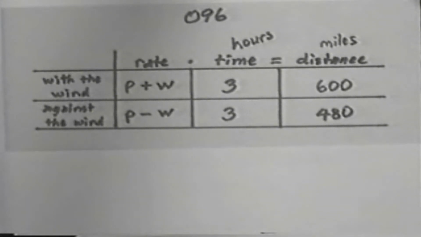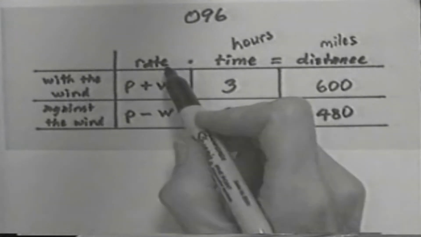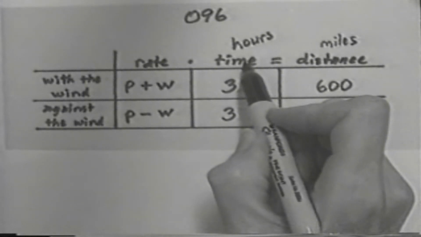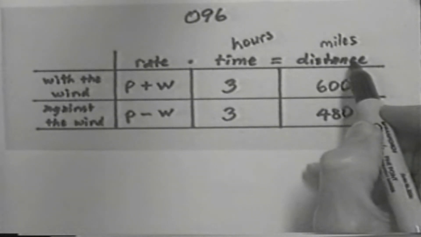Now, this chart is different from the others we've seen because there is no total or mixture line. This time, we obtain the equations by following the formula across the top. The rate times the time equals the distance.